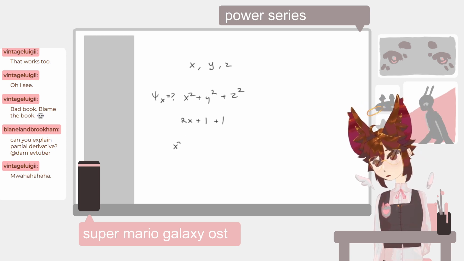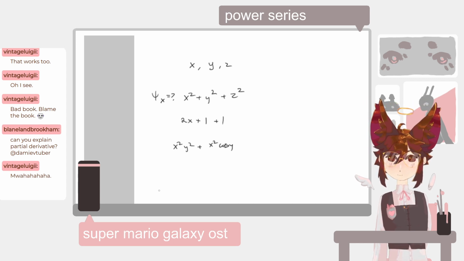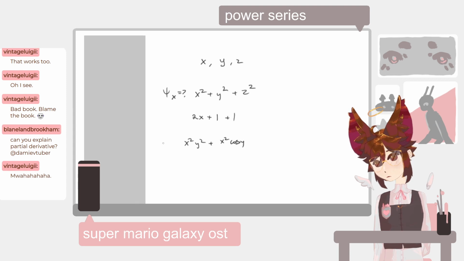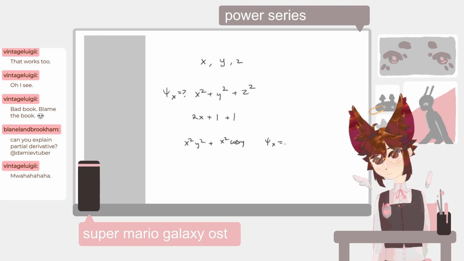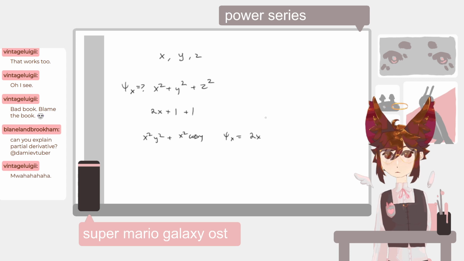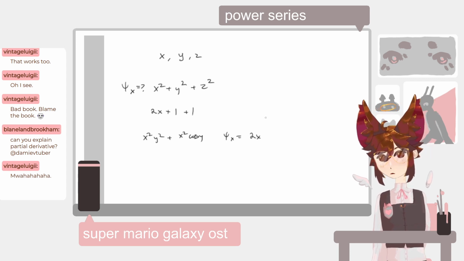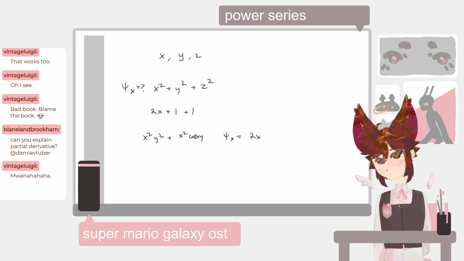Now let's say we had x squared y squared plus x squared cosine of y, and you want to take a partial with respect to x. If we look at this, we're still going to do the 2x. And I like to do my actual variables first and then tack on the constants after. This is just a constant, so we multiply by the constant.